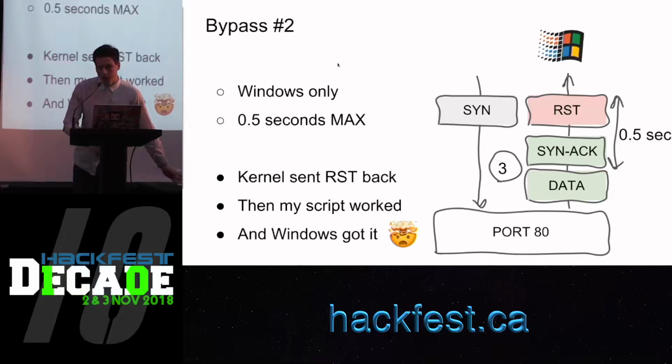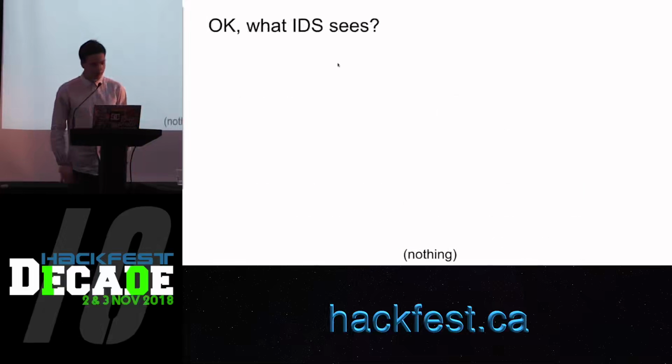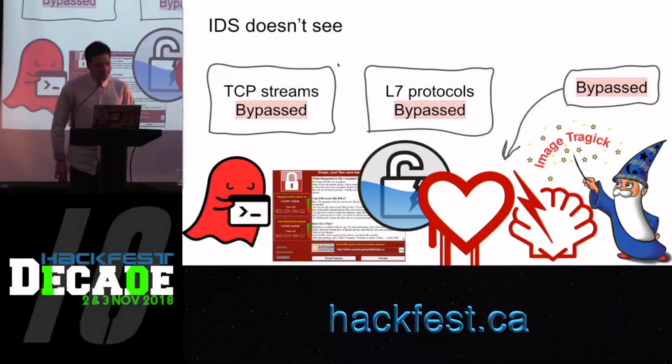How do you think, what does the IDS see? Nothing. Due to this TCP reset packet, the IDS could not reassemble this smooth data stream, and therefore protocol parsers could not do their job because there was no stream, only separate packets.